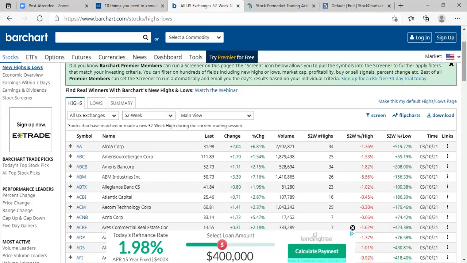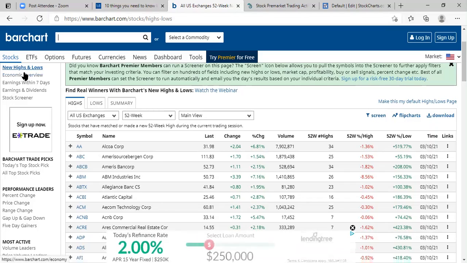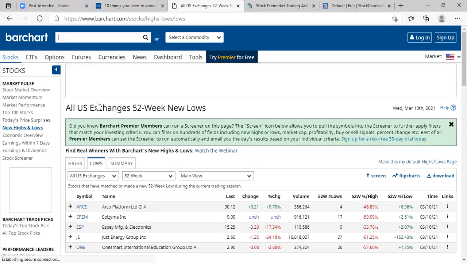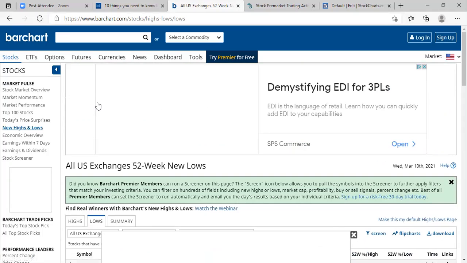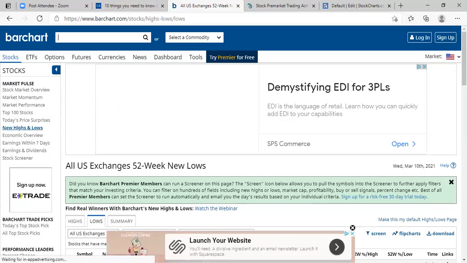So you got this 52-week high, and this is on bar charts. Just go to new highs and lows, and it pulls it up for you. You can also see stocks that are making 52-week lows if you're looking for a put trade. All right.